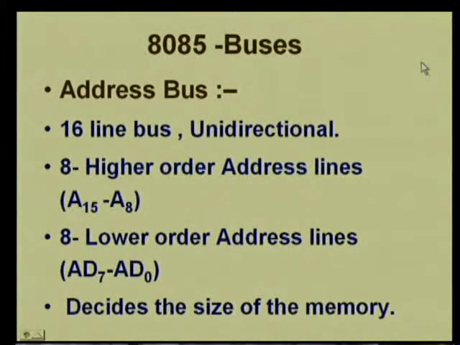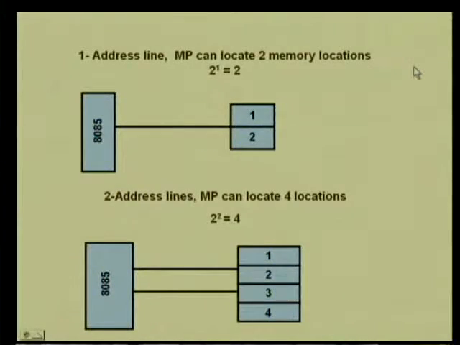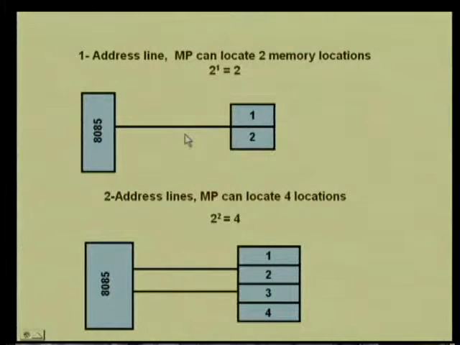And the size of the address bus of any processor decides the maximum size of the memory that the processor can access. Now let us see, if a microprocessor has a single address line, then it can identify only 2 address locations. How it is, we can see now. Suppose the processor has a single address line.